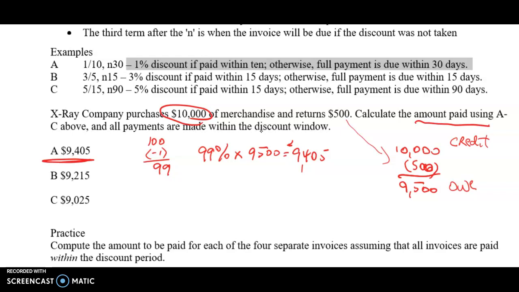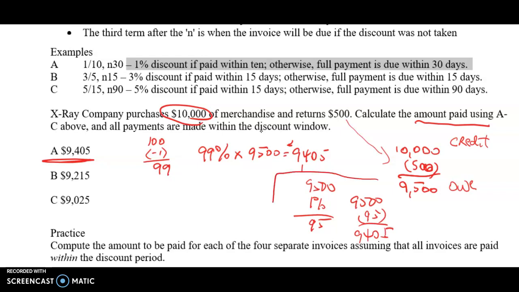All right. So I subtracted out the discount, assuming they took the discount, and I got 99%. 99% times 9,500 is 9,405. You could have calculated 1% times 9,500, gotten $95, taken 9,500, subtracted $95, and gotten 9,405.